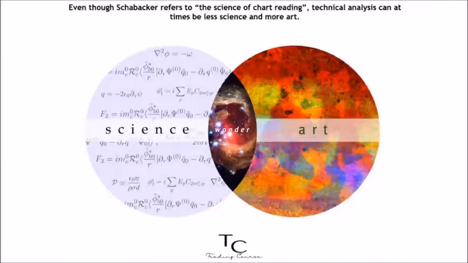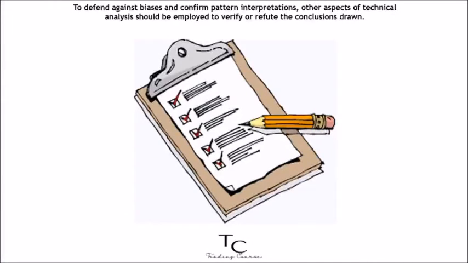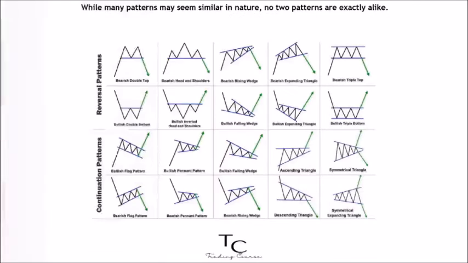Even though Schabacker refers to the science of chart reading, technical analysis can at times be less science and more art. In addition, pattern recognition can be open to interpretation, which can be subject to personal biases. To defend against biases and confirm pattern interpretations, other aspects of technical analysis should be employed to verify or refute the conclusions drawn.